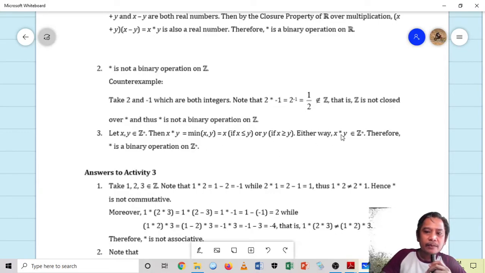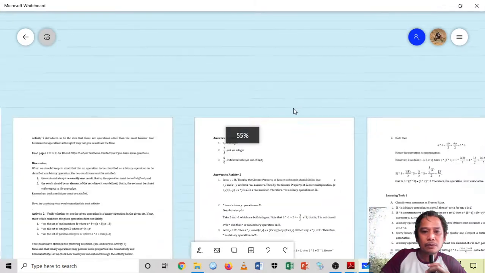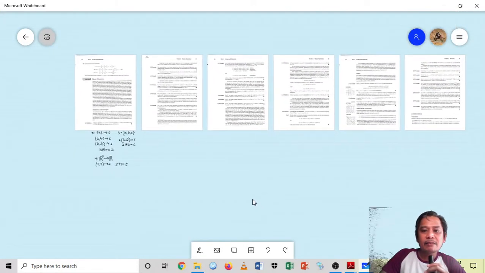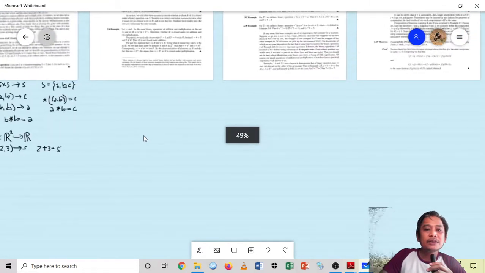Either way, the answer for x operation y would always be a positive integer because both x and y are positive integers. Therefore, the operation asterisk is a binary operation on Z plus. Okay, so that is for activity number 2. Let us go back to our book and have additional knowledge and understanding about binary operations.